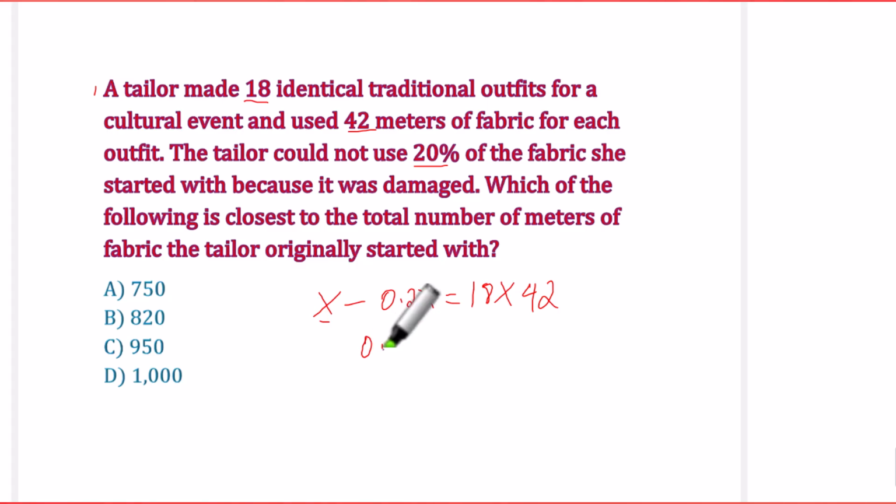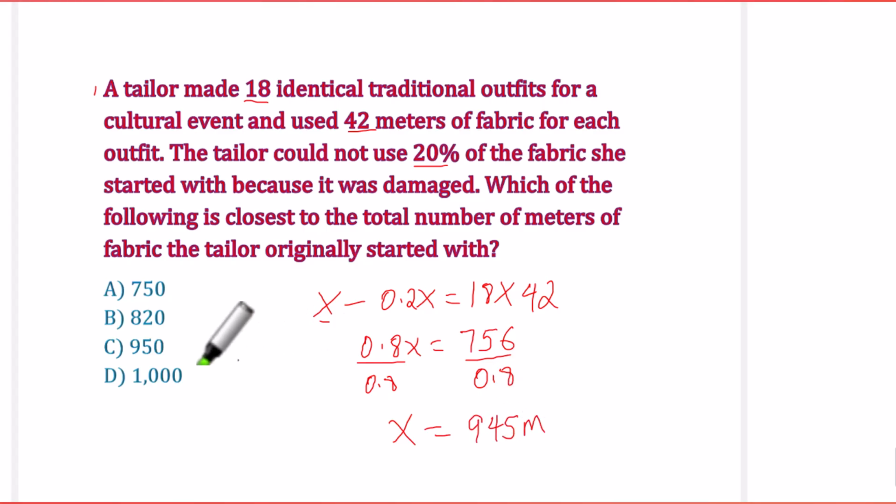That means it becomes 0.8x equal to 18 times 42. It becomes 756. Then we divide both sides by 0.8. Then x becomes 756 divided by 0.8. The answer should be 945 meters.